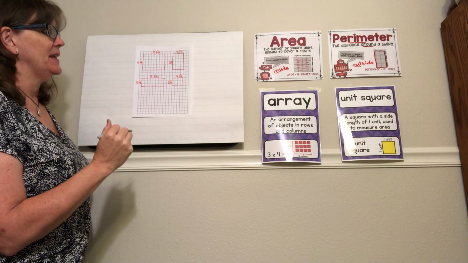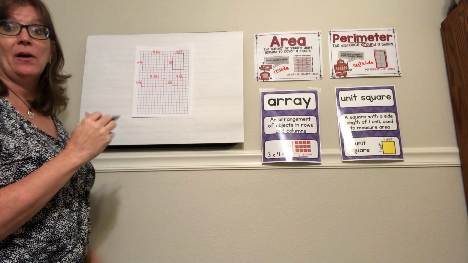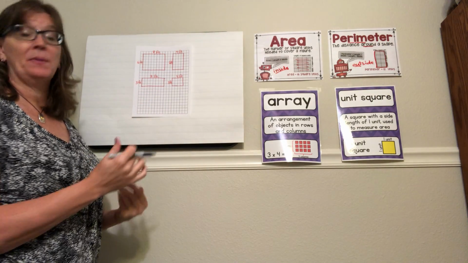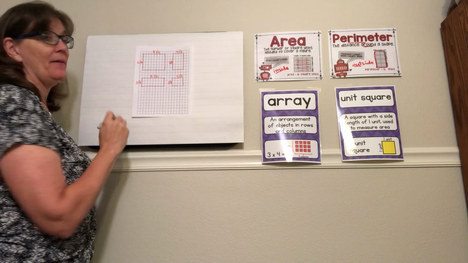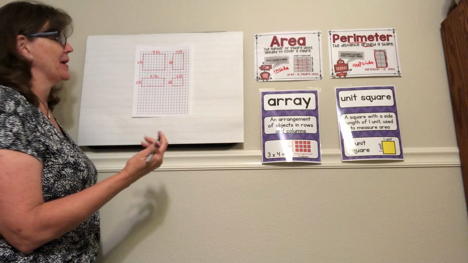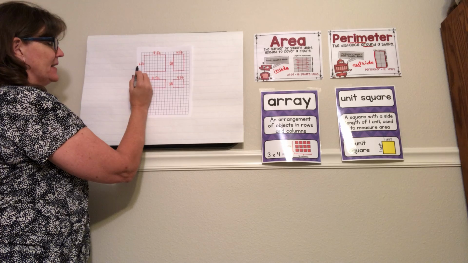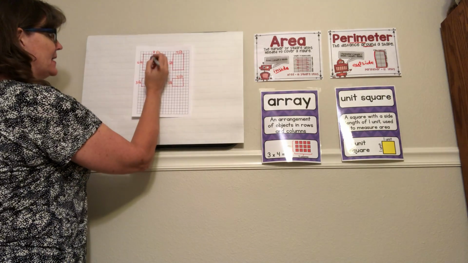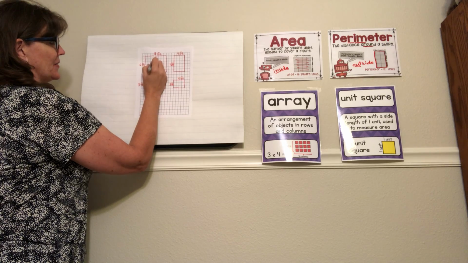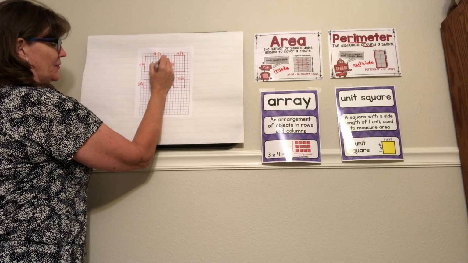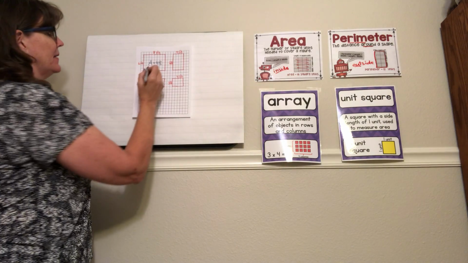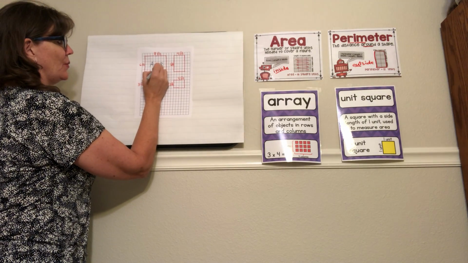And remember, if it is the same number of rows and same number in each row, we can just multiply, not count up every single square inside. So if I multiply 6 times 8, 6 times 8 is 48. So the area here is 48. I do have it labeled, it's feet. So this is square feet.